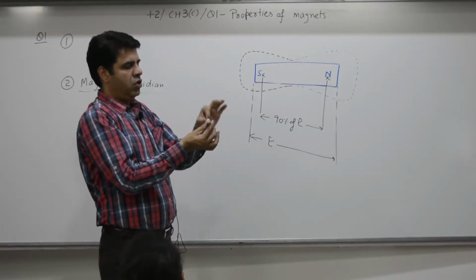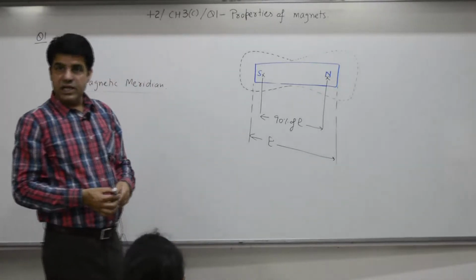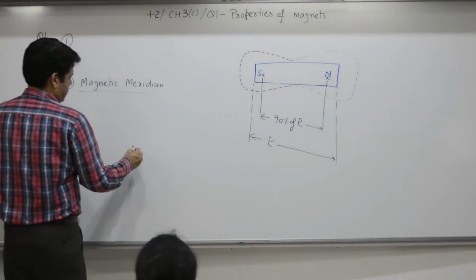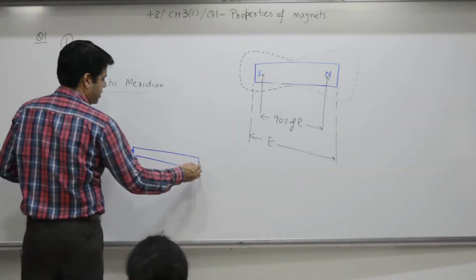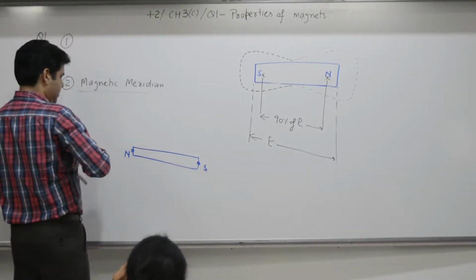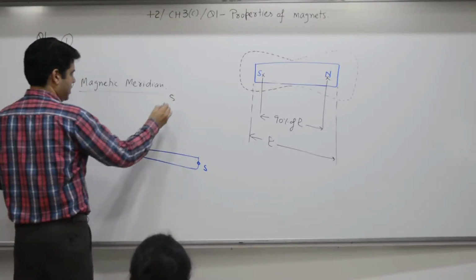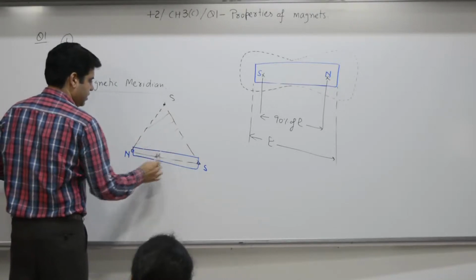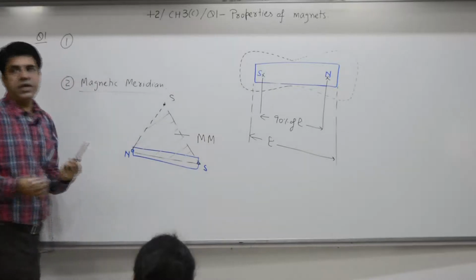Join all these three, and that plane is termed the magnetic meridian. This shaded triangle is the magnetic meridian.